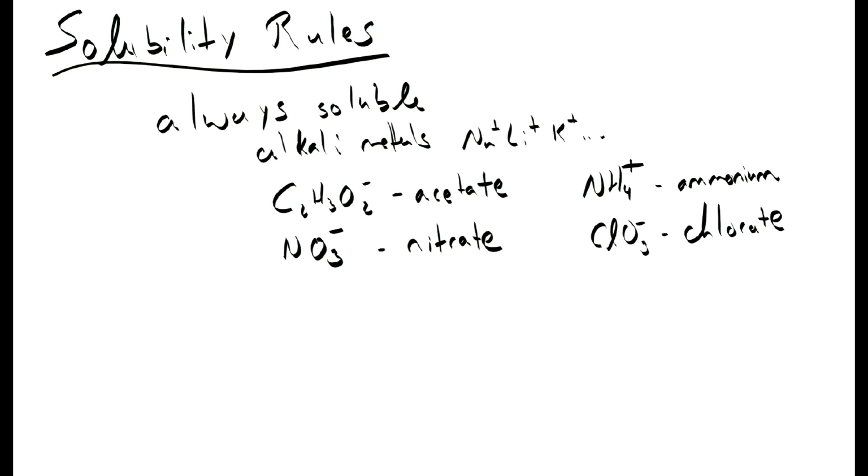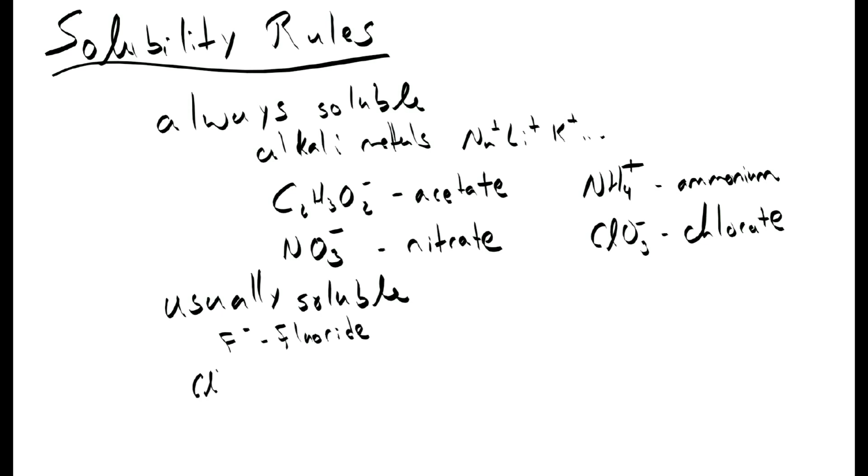Now, we have usually soluble. They are fluoride, the other halides, so Cl-, Br-, and I-. Fluoride is a halide, but it has slightly different behavior, so we can go ahead and separate that out.